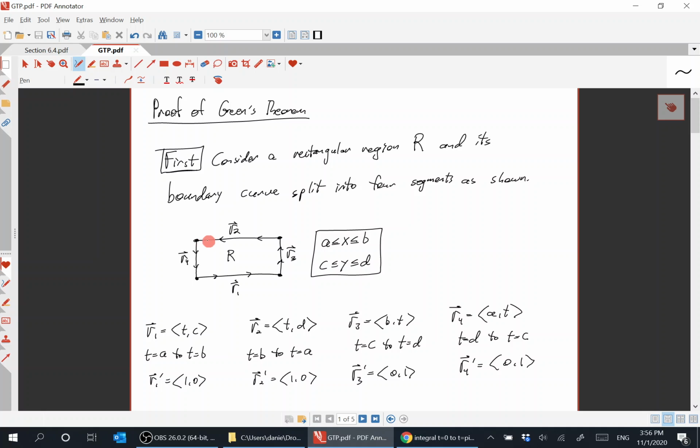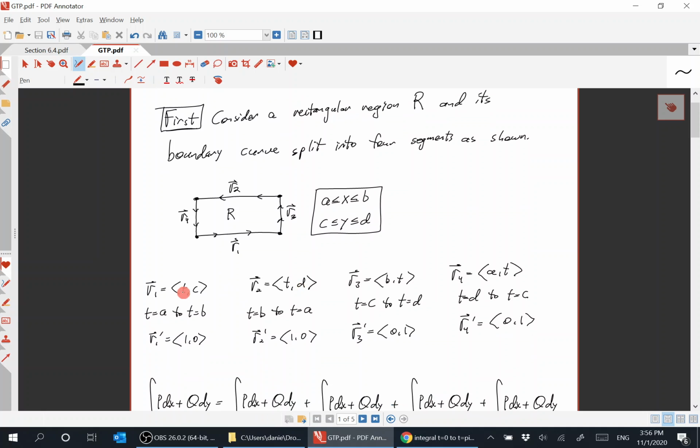Boundary part 1, boundary part 2, boundary part 3, boundary part 4, all oriented in the counterclockwise direction. Well, R1 is t comma c for t equals a to t equals b. R2 is t comma d, so x coordinate t, y coordinate d, from t equals b down to t equals a.